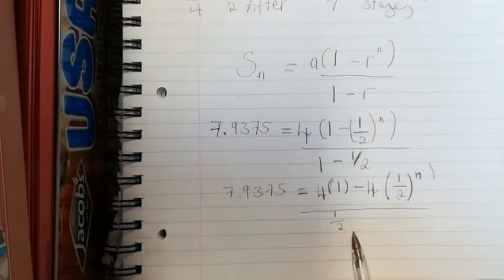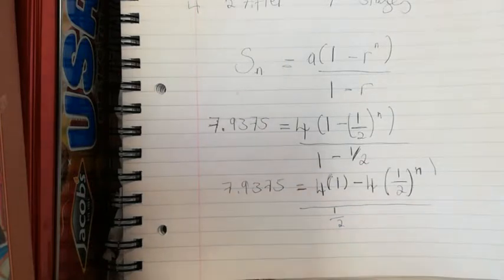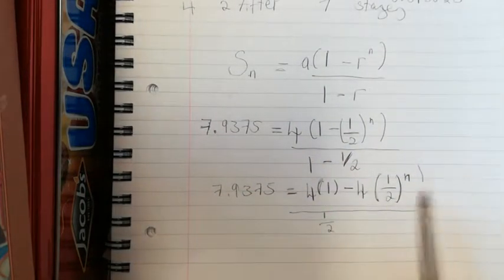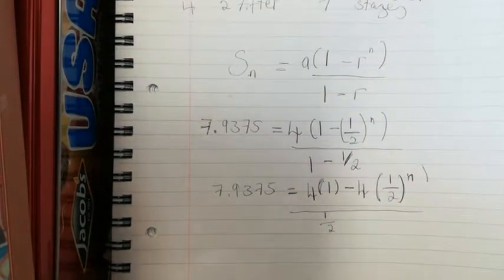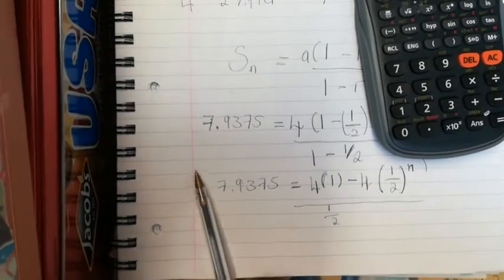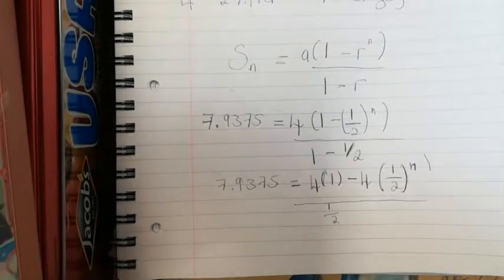If we want to get rid of this half, we could multiply everything top and bottom by 2. Since we're dividing by a half, we could just multiply on the other side.